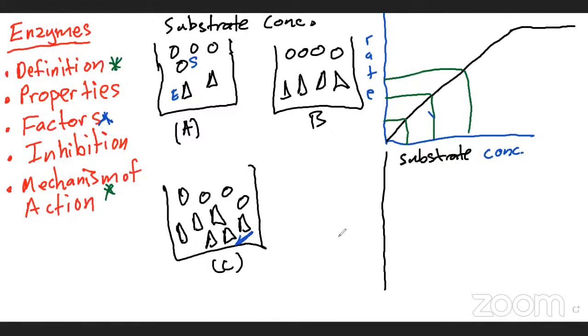I was saying that someone asked if B and C would have the same rate. So the reason, I'm assuming, why they asked is, if you have 4 enzymes here, you would get 4 enzyme substrate complexes.